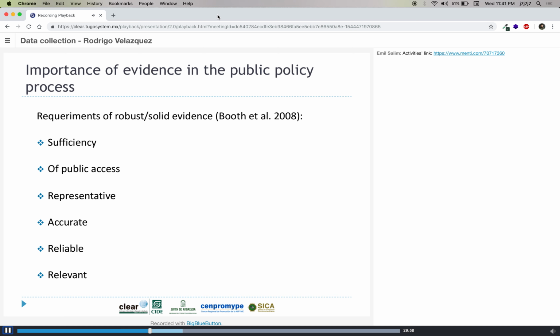And lastly, this has to do with relevance. So evidence has to be relevant concerning what we want to achieve. For instance, this can be sufficient, this can be of public access, representative, accurate, but if this is not relevant or if it is not directly related to what we want to solve or achieve, then we are not going to achieve our objectives.